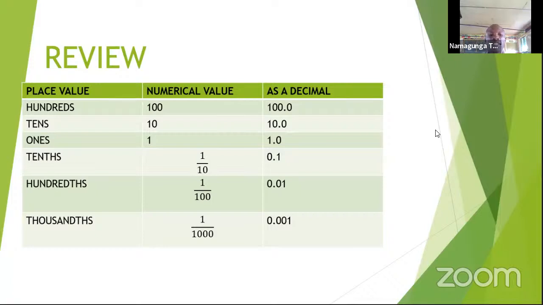The next place value we have there, which is the place value of the second digit on the left of a decimal point, which is tens, is represented by 10 as its numerical value, and as a decimal is 10.0, which is automatically 10. The next is ones, which is the place value of the first digit.